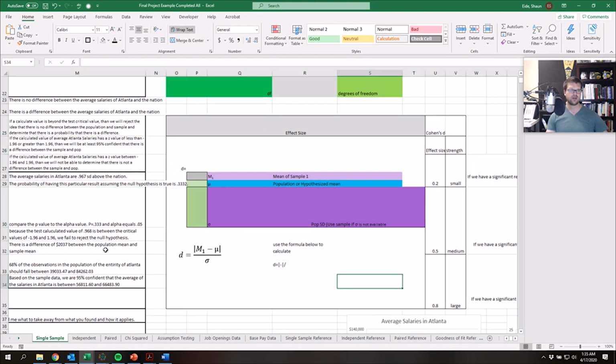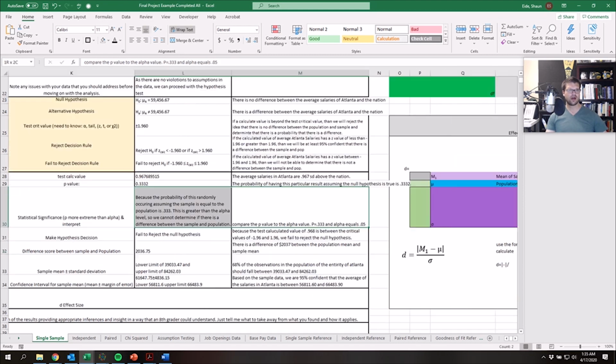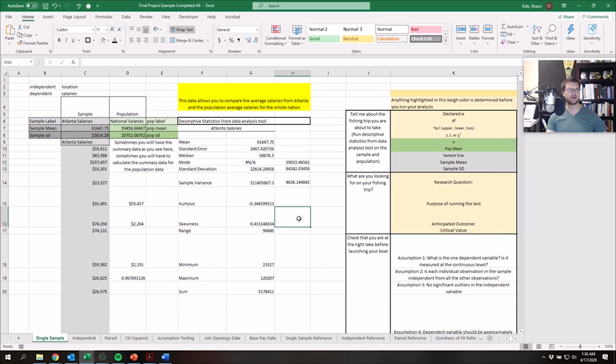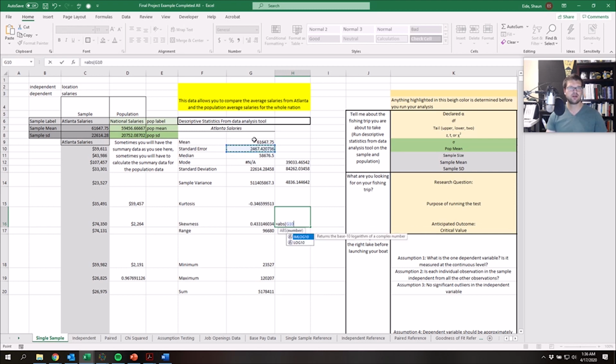So let's see here. We've got the mean of the population. So equals the absolute value of the mean of the sample minus the mean of the population, divided by the standard deviation of the population, and that gives us an effect size of 0.105 or 0.106.